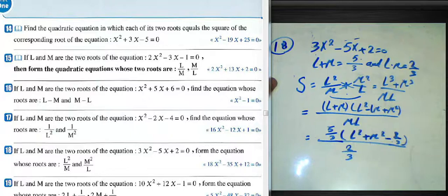So we can find L² plus M² and write the result here and cancel 3 with 3. The result will be 5 over 2 times L² plus M². We can write (L plus M)² subtract 2LM, minus 2 over 3. It's clear to you or not?